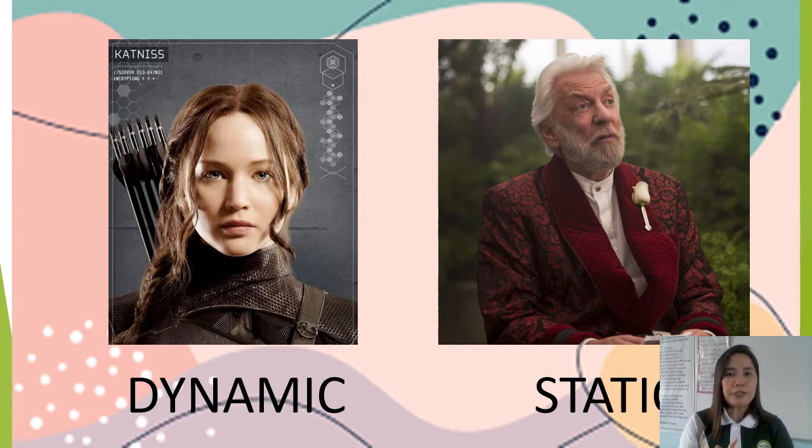Katniss entered the Hunger Games only to rescue her sister and her family, but at the end of the story, she cares about seeing the destruction of the Capitol. While President Snow, from the beginning until the end of the story, never changes as a villain. So, dynamic versus static.